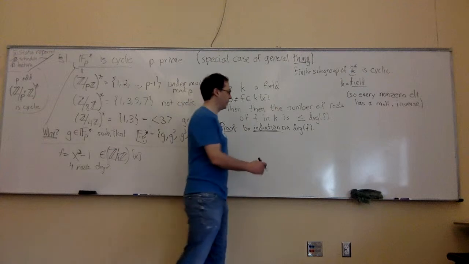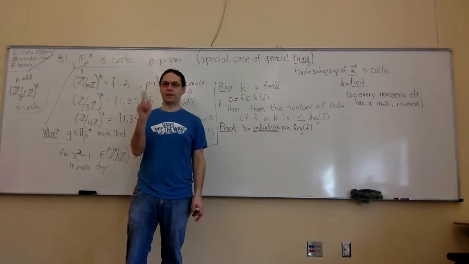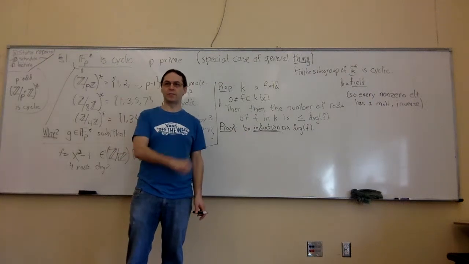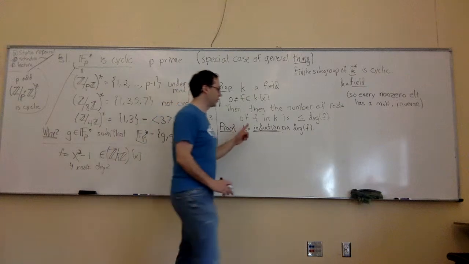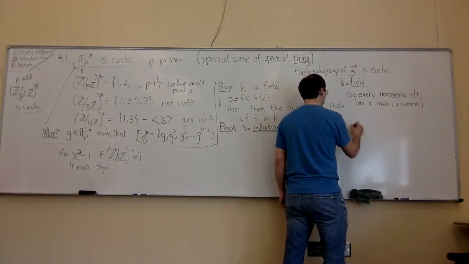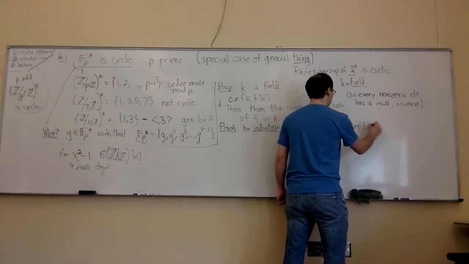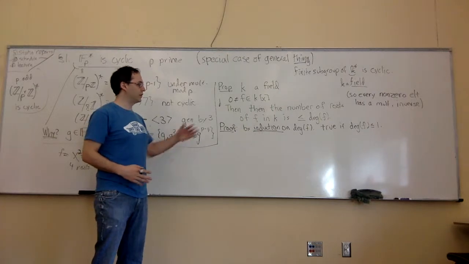And for 1 as well, if f has degree 1, it's the polynomial x minus alpha, and that has exactly one root, namely alpha. Nothing else can possibly satisfy x minus alpha, right? So this is true even in a general ring. So this is true if the degree of f is less than or equal to 1. All right? I'm going to do induction on the degree.